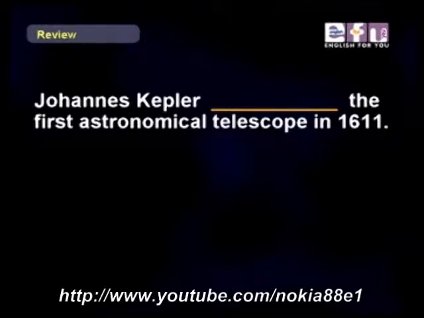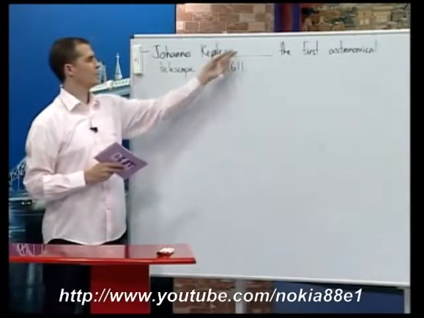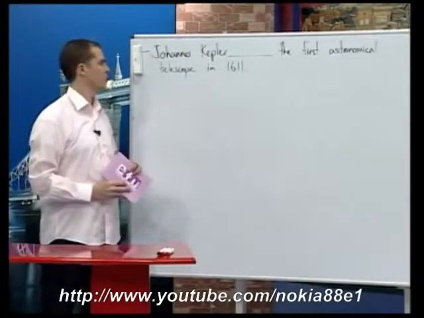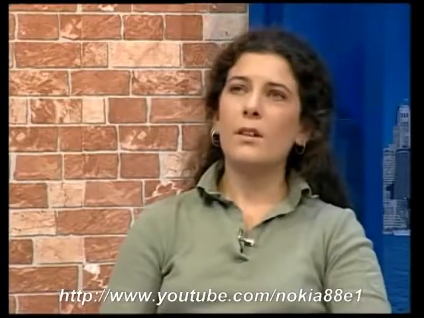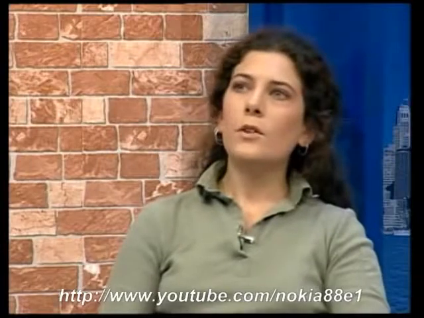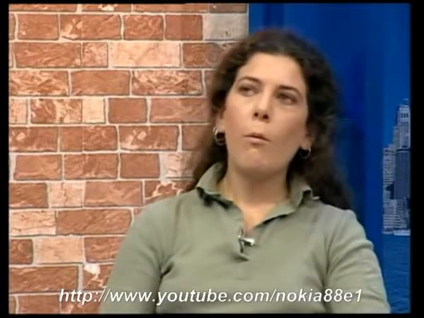Johannes Kepler, something, the first astronomical telescope in 1611, a long time ago now. Now you have to change it to the passive. Okay, that's not difficult. The first astronomical telescope was invented by Johannes Kepler in 1611.